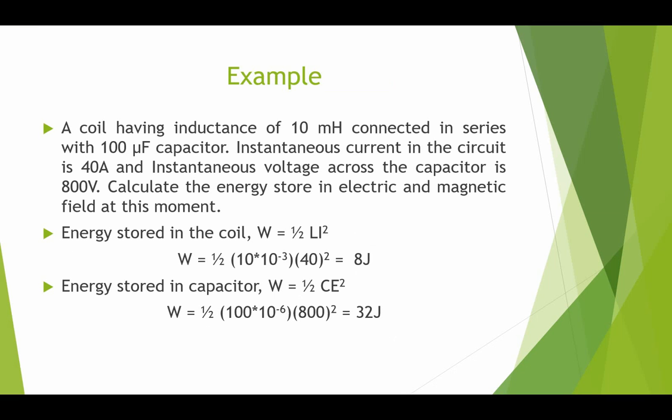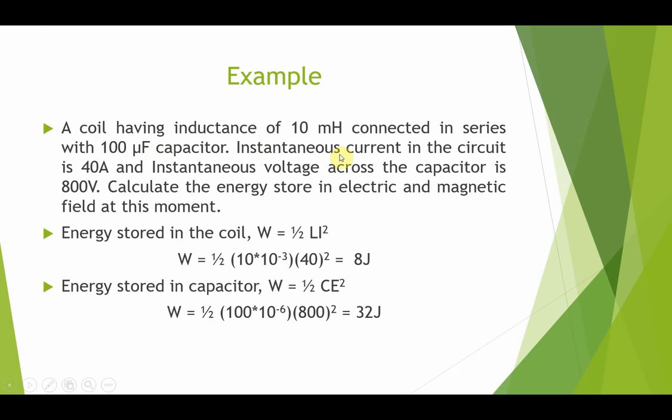Here is an example of how energy is stored in circuits. In this example, we have a coil having inductance of 10 millihenry connected in series with a 100 microfarad capacitor.